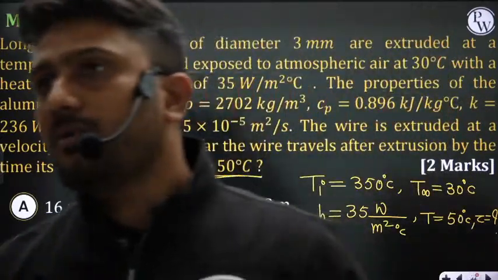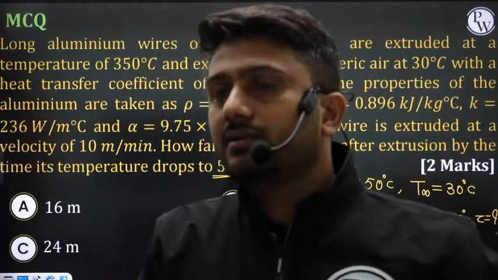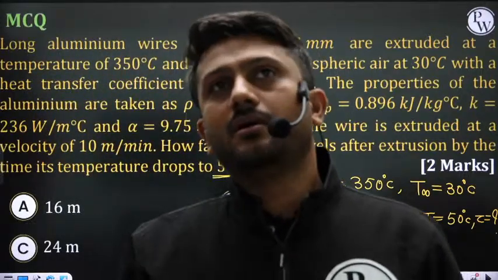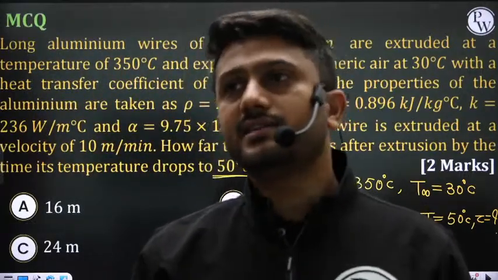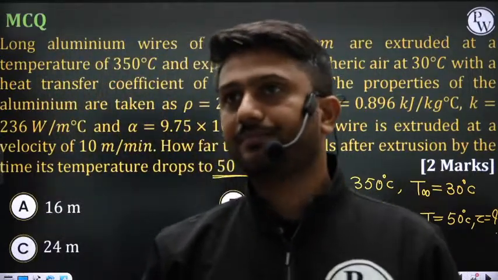and we know that to solve an unsteady state problem, we have three methods. The first one is the lumped parameter analysis method, the second one is the Heisler chart method, and the third one is the error function method. Right?